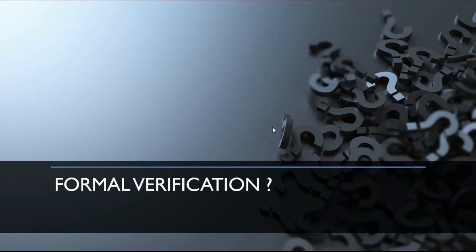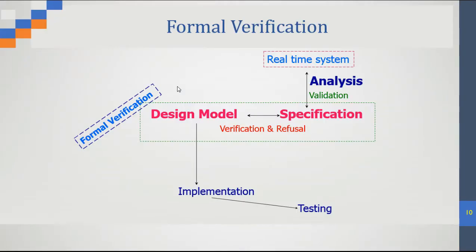So, formal verification. What is formal verification, and where does it exist in the software development life cycle? After we analyze the software, after we analyze the real-time system, we come out with specifications and requirements, and then we go on to design the system.